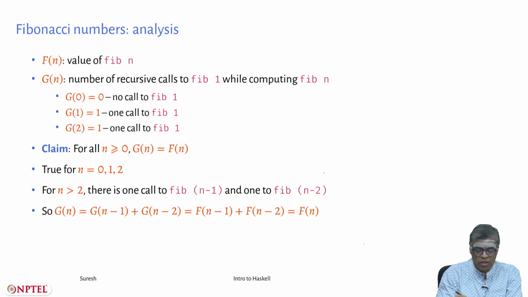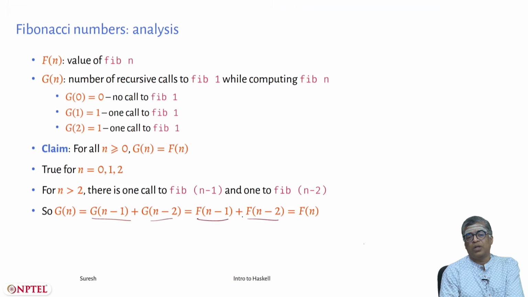So, you have the recurrence g of n equals g of n minus 1 plus g of n minus 2, but by induction we know that g of n minus 1 is fib of n minus 1 and g of n minus 2 is fib of n minus 2, and these two sum to f of n, right. So, you can actually prove by induction that g of n is equal to f of n. Okay, fine.